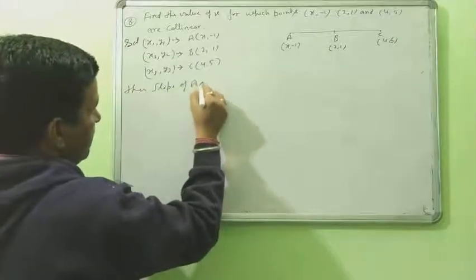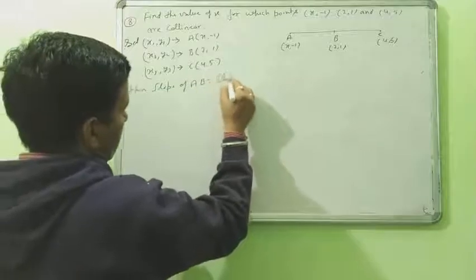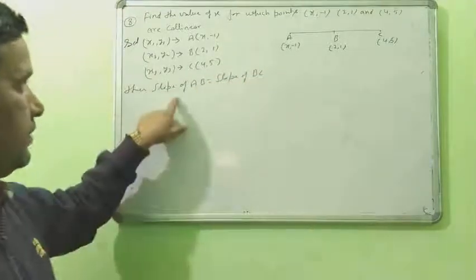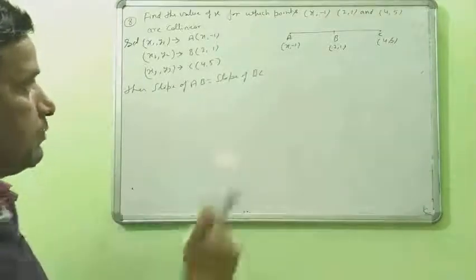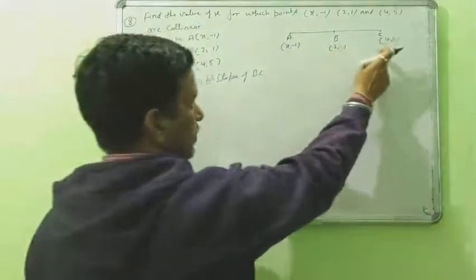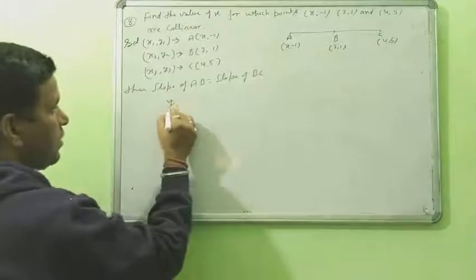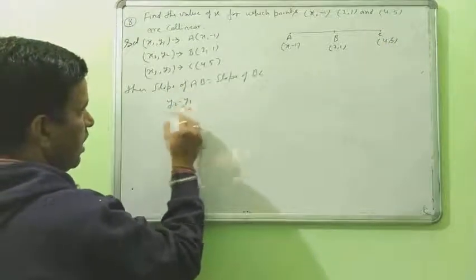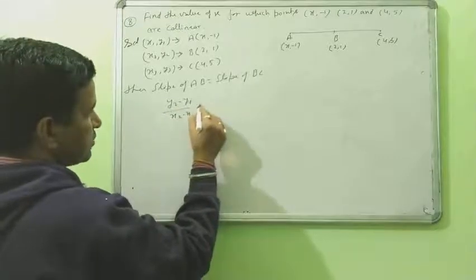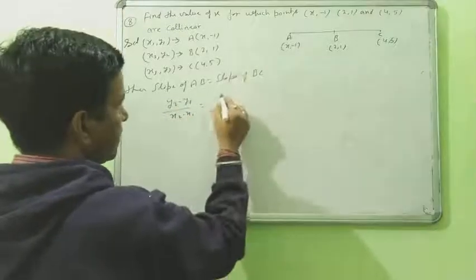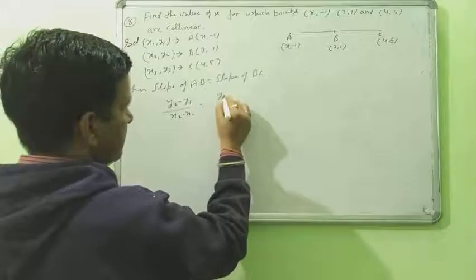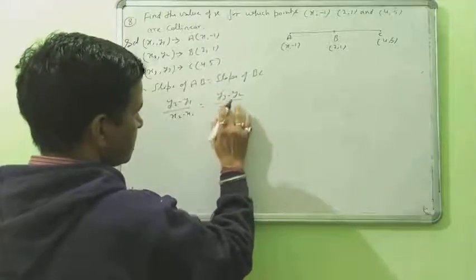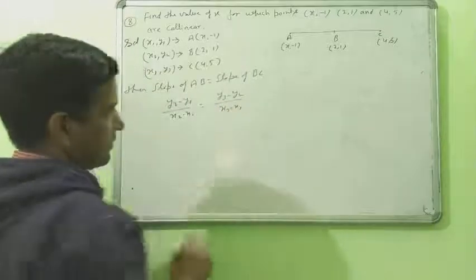The slope of AB will be equal to the slope of BC. Suppose these are x1, y1, x2, y2, and x3, y3. Then you can write y2 minus y1 upon x2 minus x1, and the same on the other side, y3 minus y2 upon x3 minus x2.